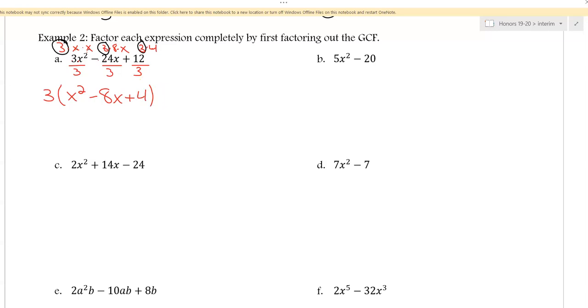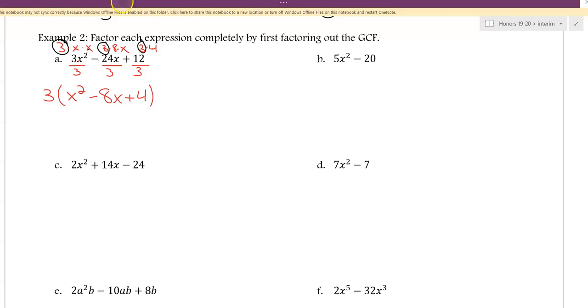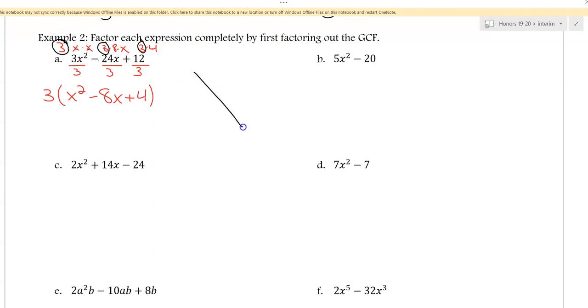This doesn't work. Huh. I think I pulled this from a worksheet. Hold on. This is not going to factor. I won't really give any problems like this to you, but we'll just say, good, that's done. If I think about my multiples of 4, then we just go into what adds to negative 8 and multiplies to 4.